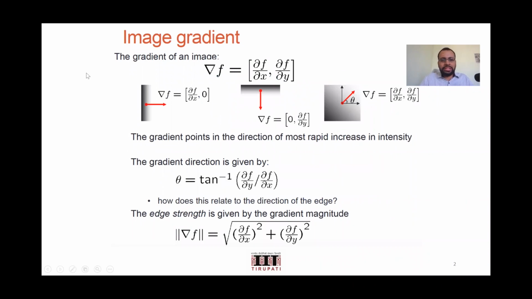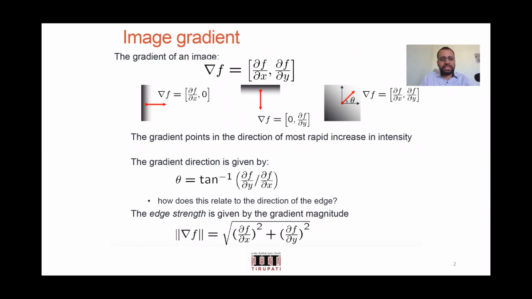And we have also seen the interpretation that the gradient is perpendicular to the edge. For example, take this vertical edge. For this class at least, we will consider this our x and this our y direction.